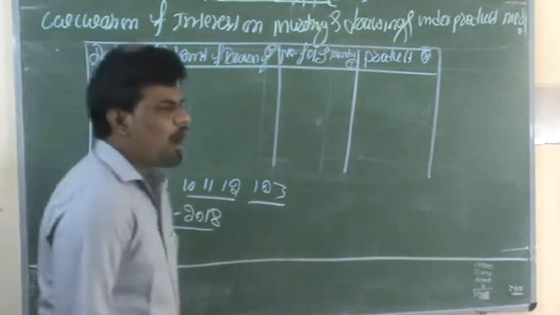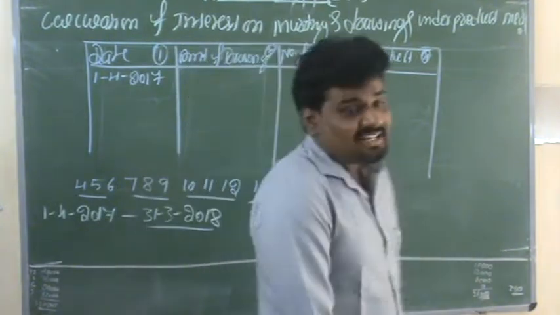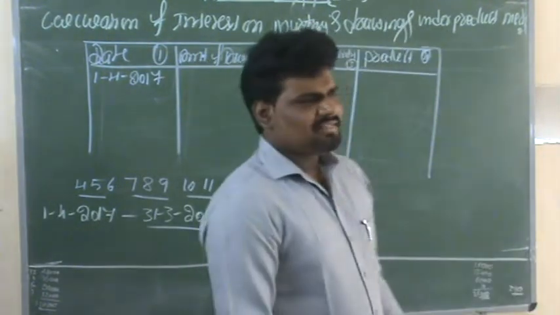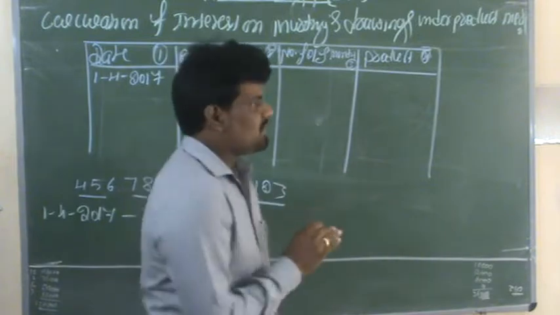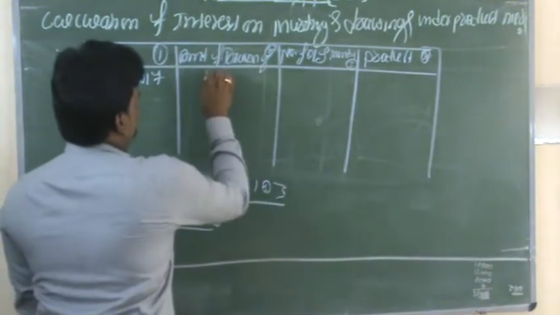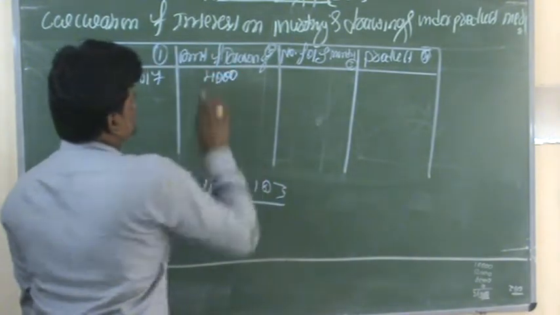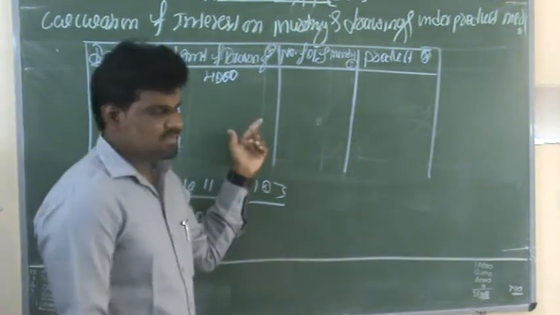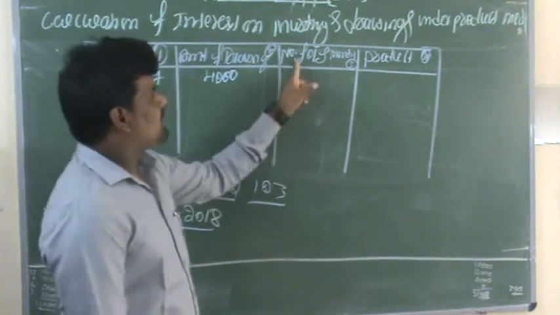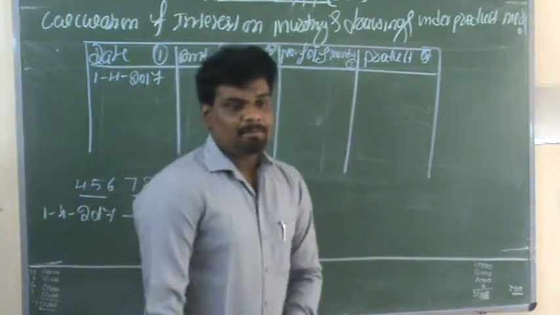In this quarter, the amount they are withdrawing is already specified. Every month they are withdrawing a fixed amount of drawings, 4,000. So we have already completed two columns. Now we need to ascertain the number of outstanding months or period.